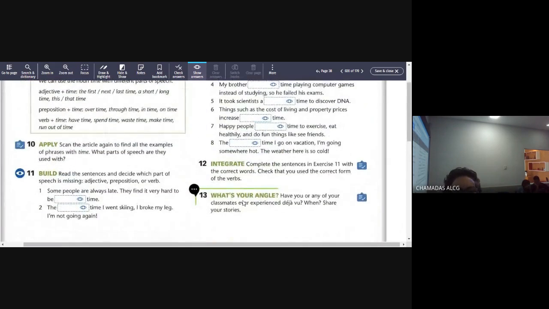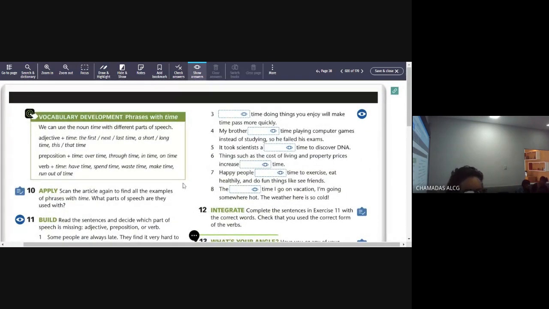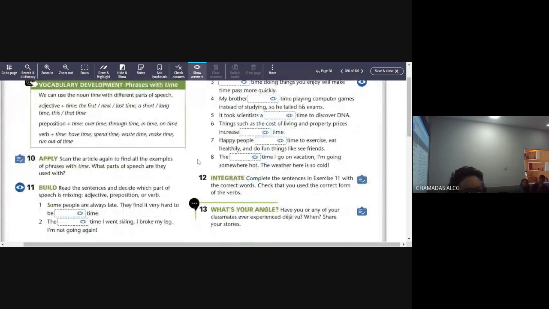Yeah. So, what is the focus of this part of the lesson? They want us to know some phrases that we use with the word time. Because when we talk about déjà vu, we are talking about time. We are talking about present and past, when the past comes quickly to our present, right?